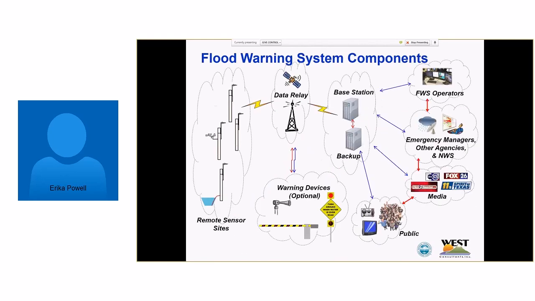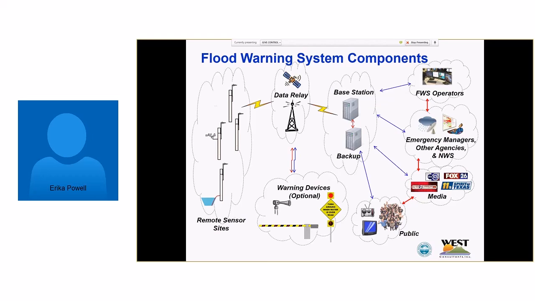Flood warning systems have a whole bunch of different moving parts. Off the left-hand side of your screen, you may have a whole variety of remote sensors out in the remote parts of your watershed. Because they're remote, you need to figure out how to get data from those distant locations into a computer system at a central location.